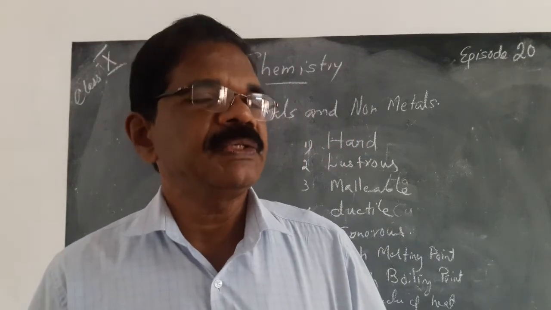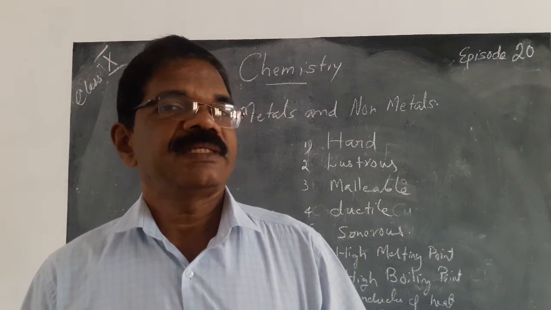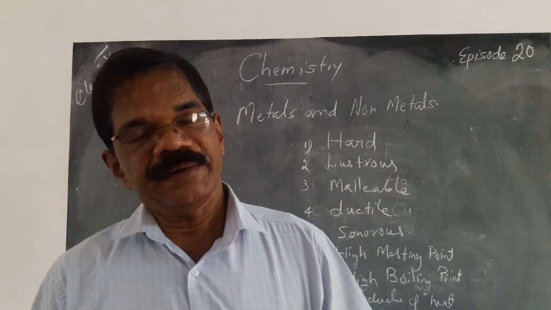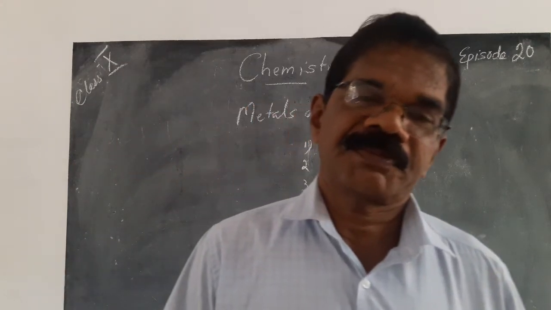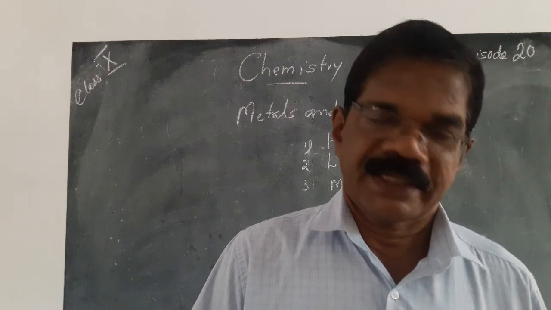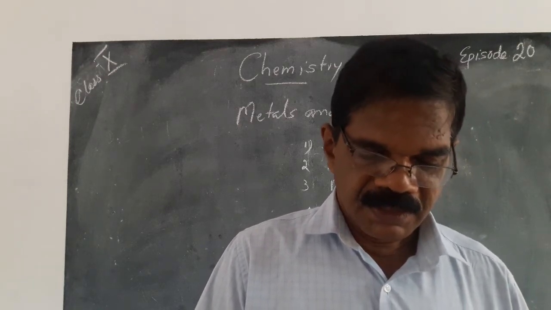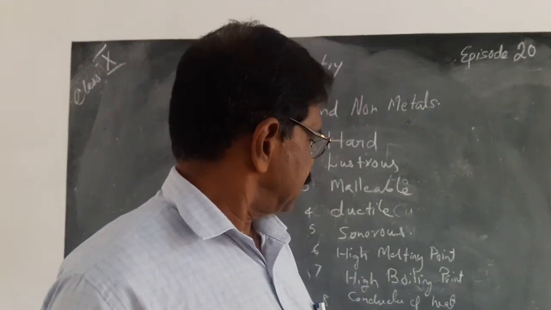The third thing to remember is that these metals react even with cold water. Sodium and potassium react with cold water to produce hydrogen, and the solution becomes sodium hydroxide.